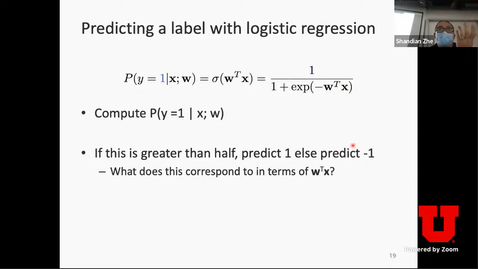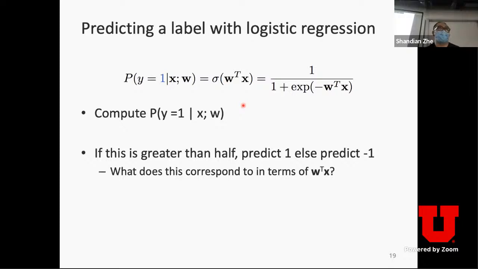That's reasonable, right? If my prediction tells me that the chance of labeling this example as 1 is bigger than the chance of labeling it as minus 1, I'm going to assign label 1. And vice versa. Suppose my probability prediction is 0.8, meaning that I believe there is an 80% chance this example should have label 1. Then if I have to give some label, I need to give 1.